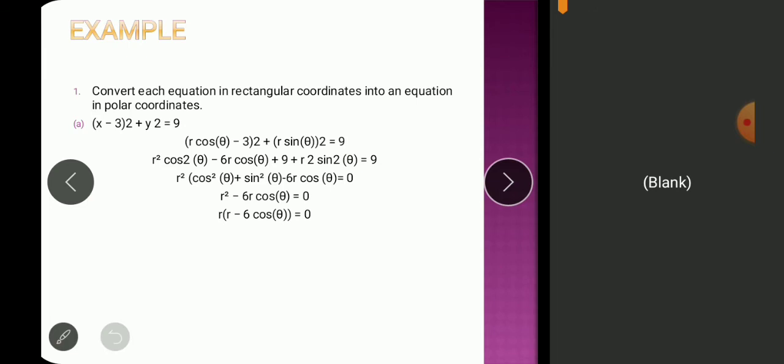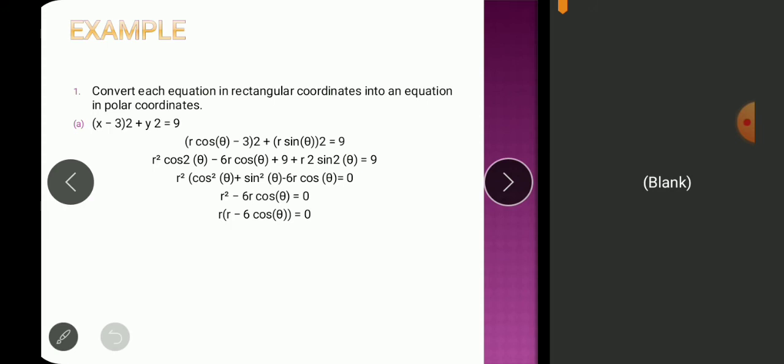We follow our mathematical instinct and see where it takes us. So we have r squared cosine squared theta minus 6r cosine theta plus 9 plus r squared sine squared theta is equal to 9. Then subtract 9 from both sides.